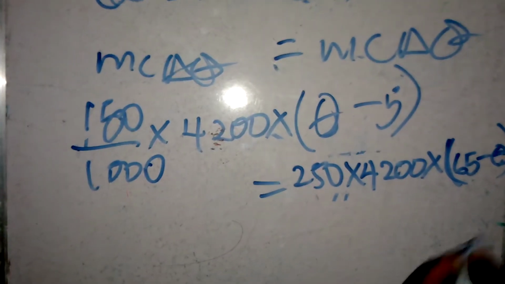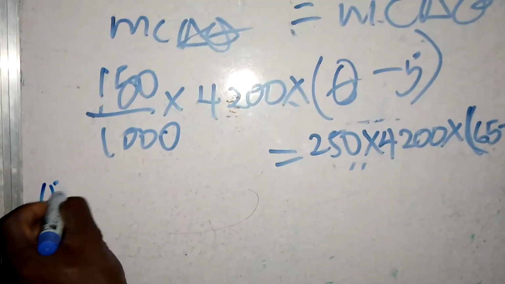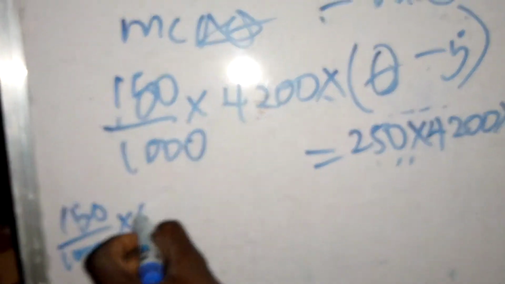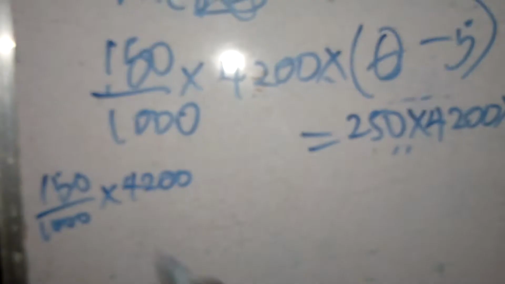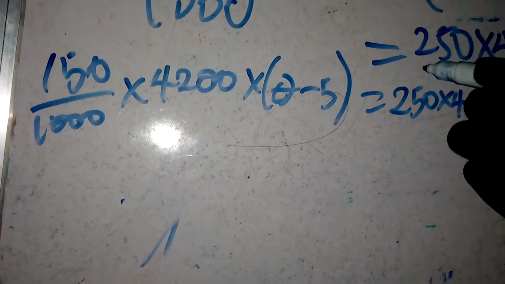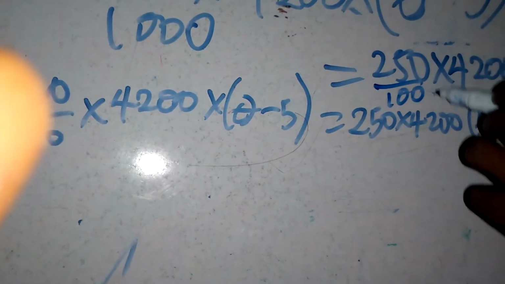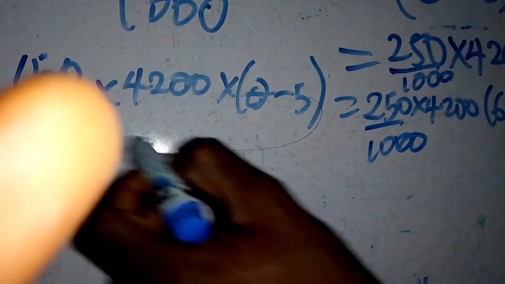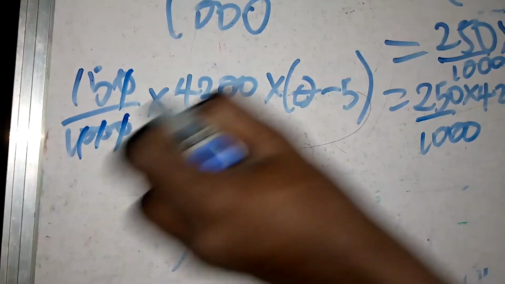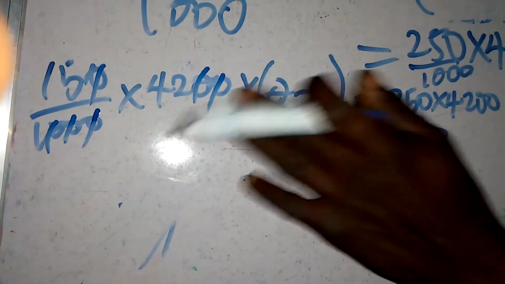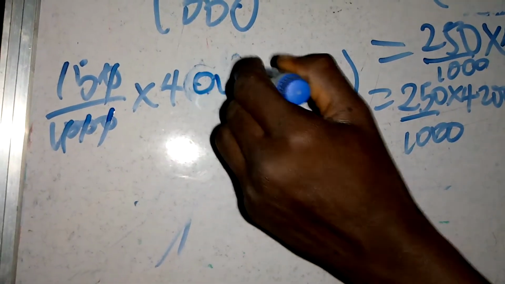So you can just write it out in short form. Mind you, this is over 1000, the 250 grams converted to kilograms. So these two cancel these two, also this. You can also leave it.